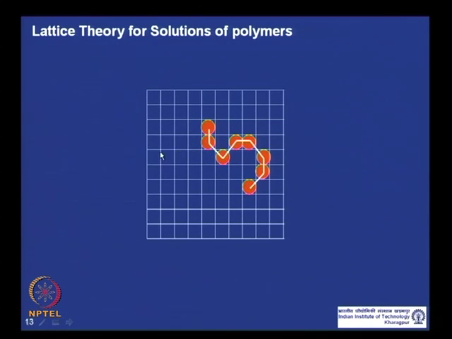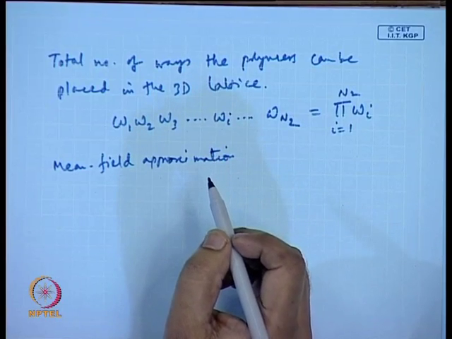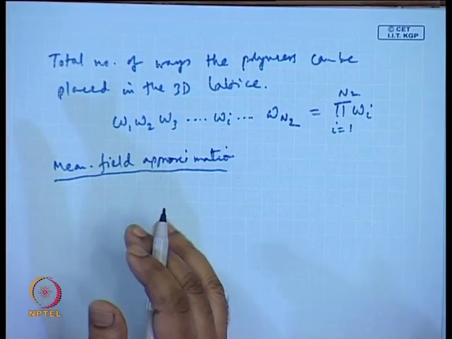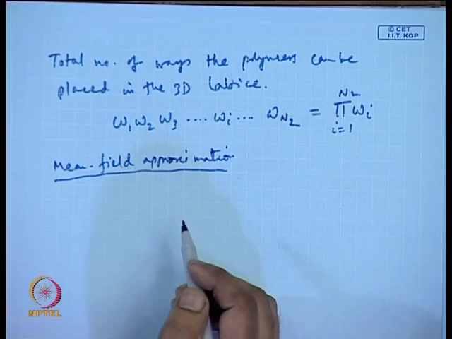But we are not considering that; we are considering that whatever polymer segments are already present are distributed randomly. That is the assumption we are making, and it is called the mean field approximation, where all the segments already present in the 3D lattice are distributed randomly, not joined.